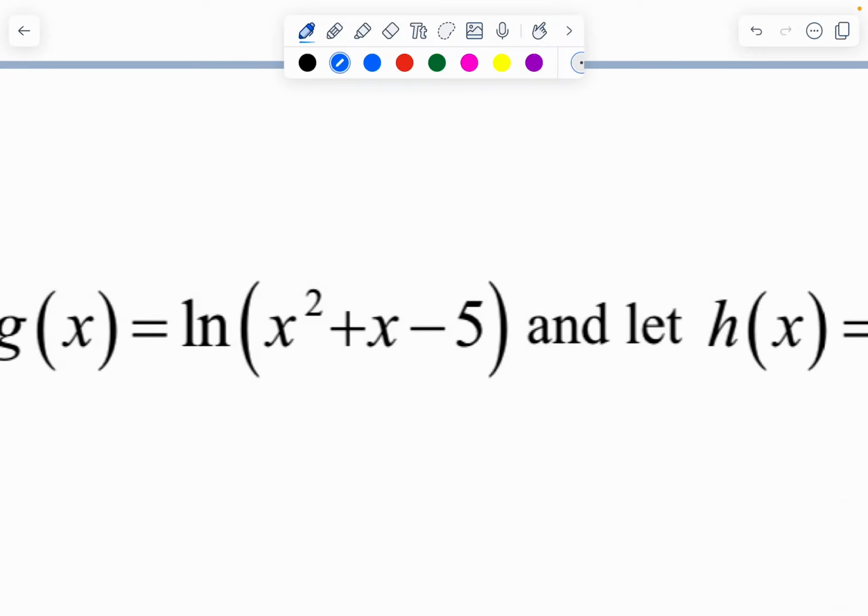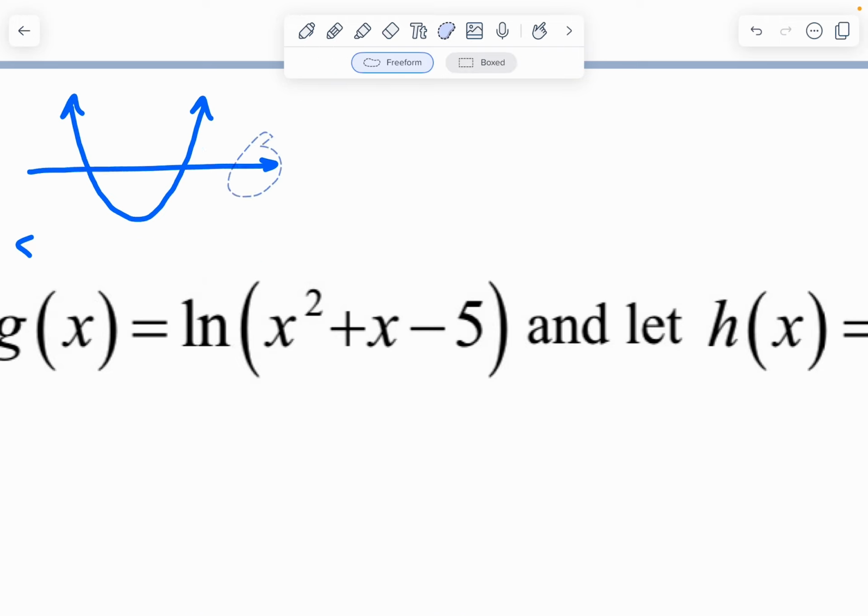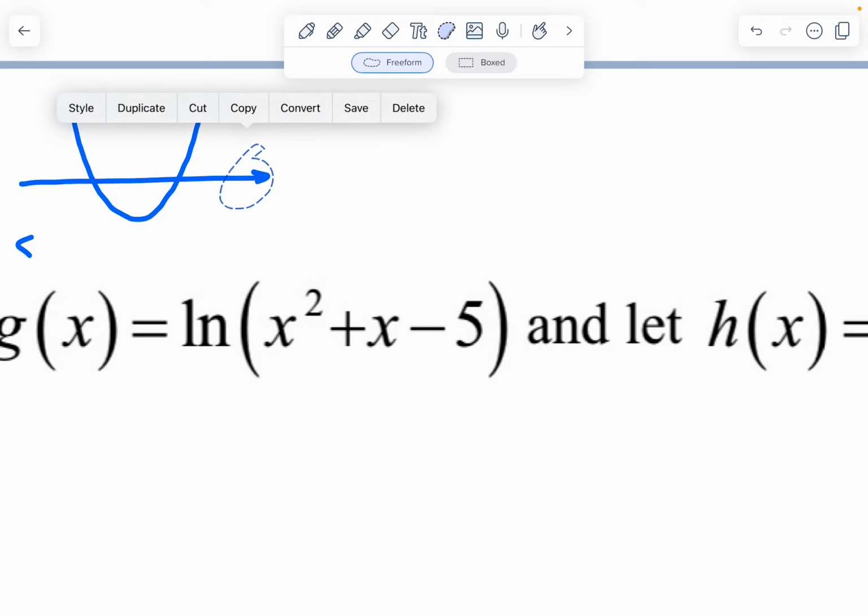When I see this natural log of x squared plus x plus 5, I know I have a parabola, and it's opening up because this is positive right here. I could either have it where it sits entirely above the x-axis, in which case anything I plug in would work, or there's somewhere where it hits the x-axis.